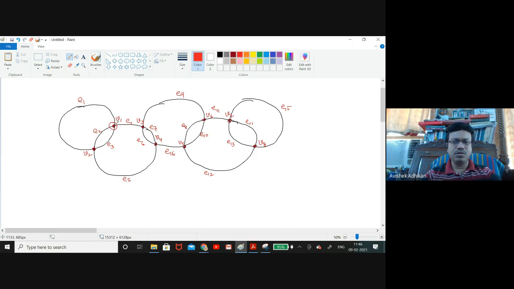Once you have touched the pencil at V1, you should come back to V1 by exploring all the edges of the graph exactly once. Then only will you be able to lift your pencil.